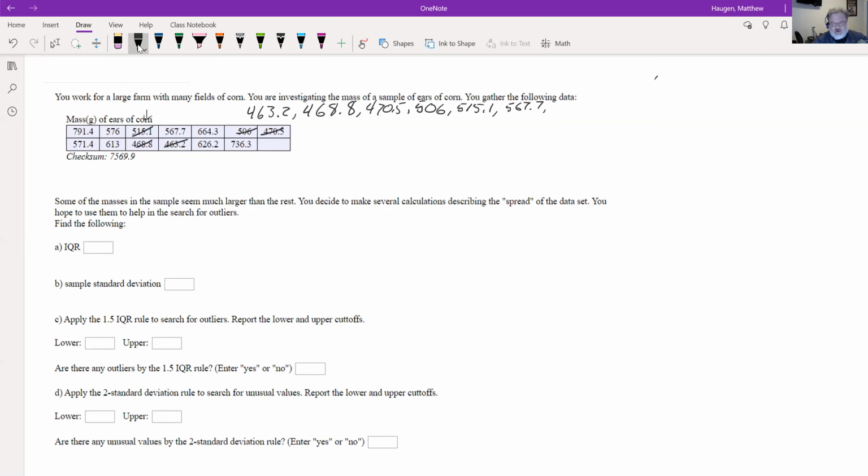So we've got 1, 2, 3, 4, 5, 6, 7, 8, 9, 10, 11, 12, 13 points. So 13 plus 1 divided by 2 is 7. So 1, 2, 3, 4, 5, 6, 7. That's going to be our median.